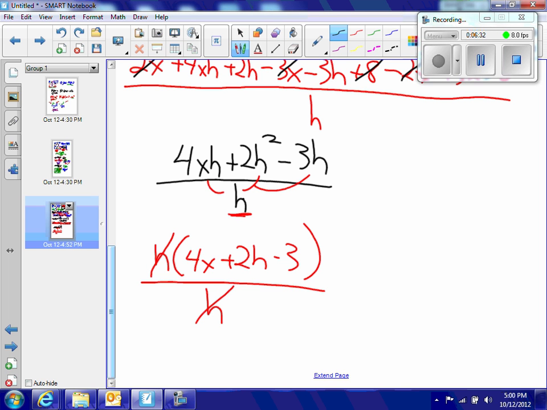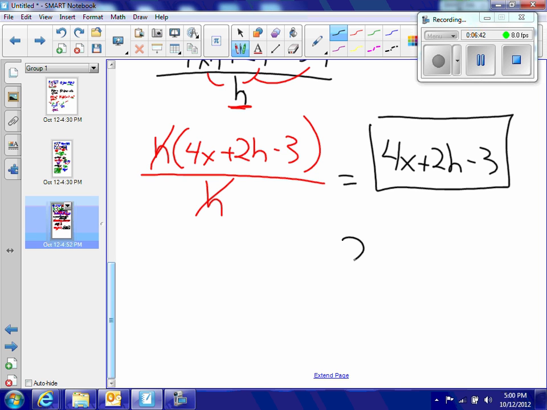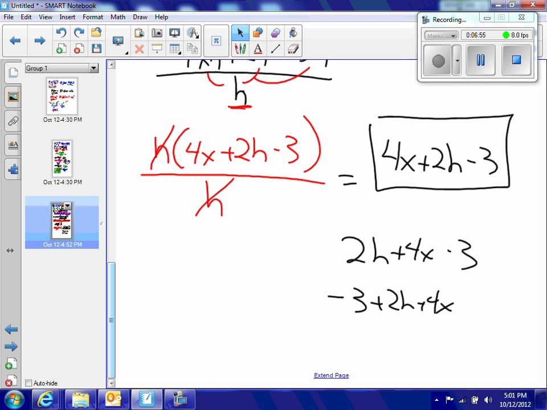And my answer to this problem is 4x plus 2h minus 3. And no, it doesn't make any difference. I could have written it 2h plus 4x minus 3, or I could have written it minus 3 plus 2h plus 4x. They're all the same because addition is commutative. So that's how you solve this difference quotient problem.